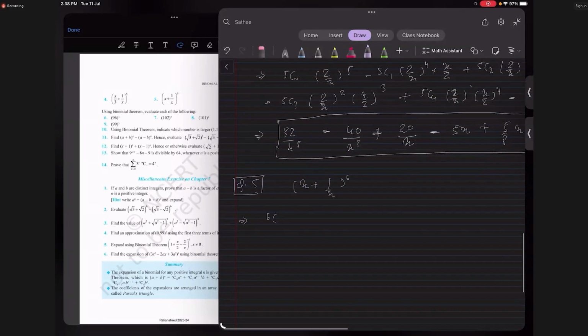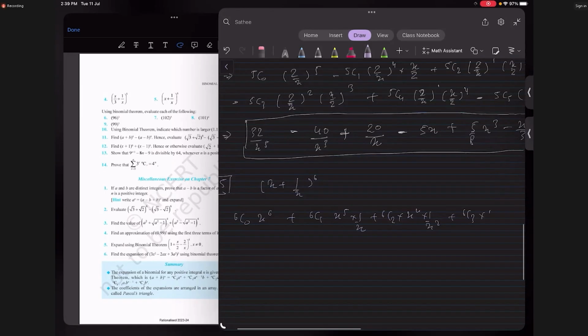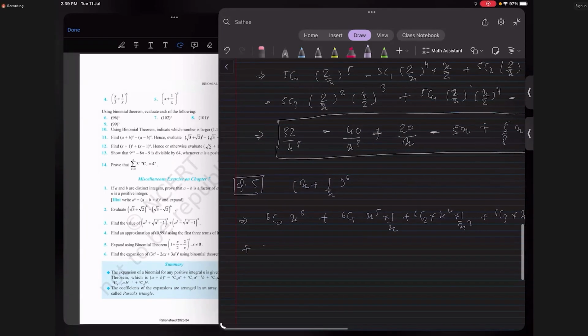So this would be nothing but 6C0 x to the power 6 plus 6C1 x to the power 5 into 1 by x plus 6C2 x to the power 4 into 1 by x square plus 6C3 x to the power 3 into 1 by x to the power 3 plus 6C4 x to the power 2 into 1 by x to the power 4, okay, plus 6C5 x to the power 1 into 1 by x to the power 5 plus 6C6 x to the power 0 into 1 by x to the power 6, okay.